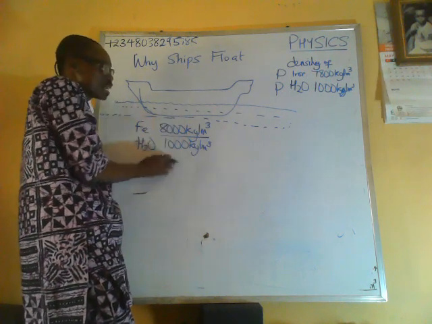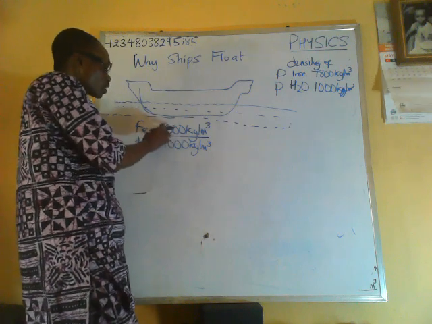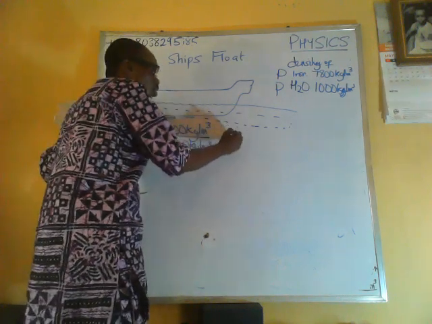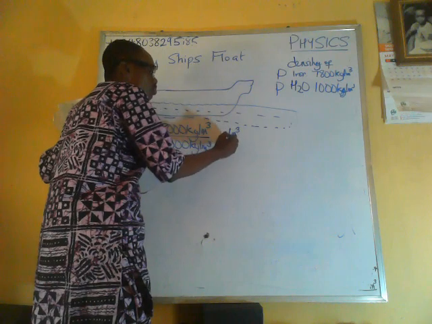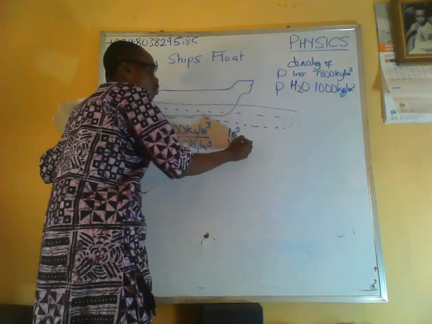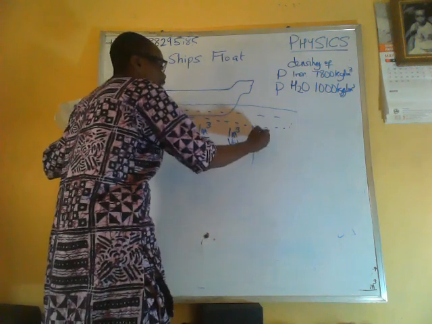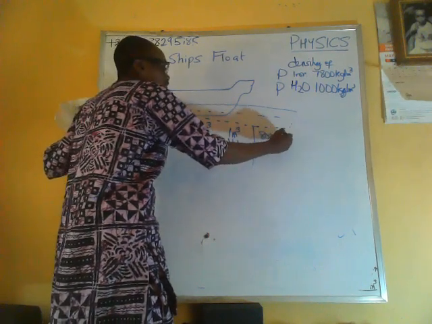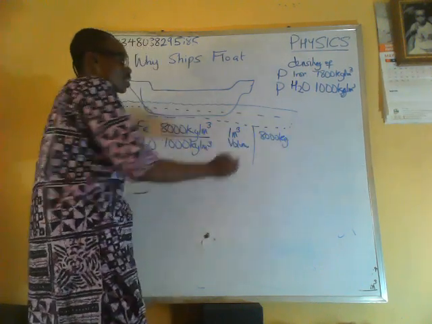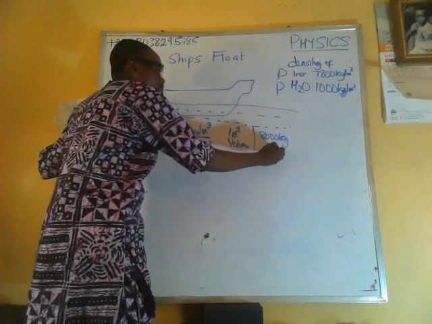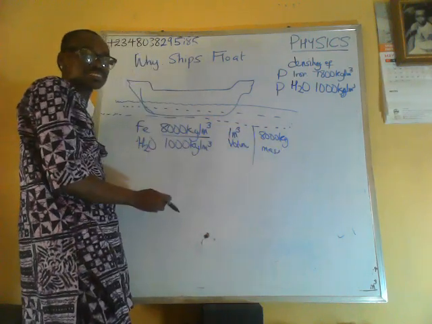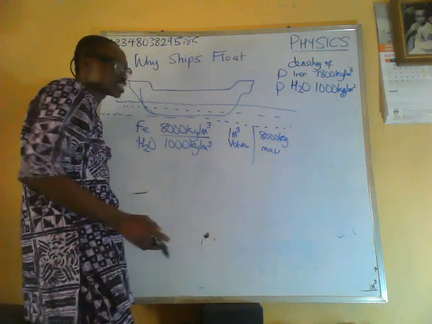This is like 8 times. So from the density of iron, that means 1 cubic meter volume of iron has a mass of 8,000 kilogram.